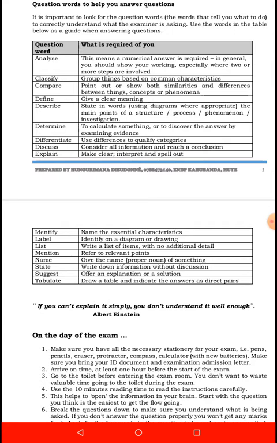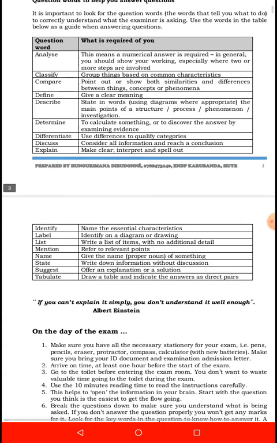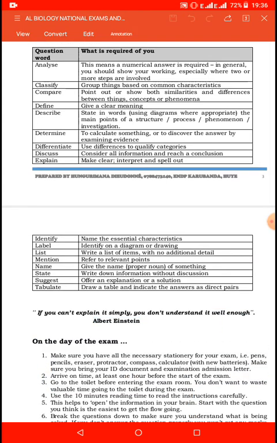So these are question words to help you answer questions. If you find that one of these question words starts a given question, make sure you know how you are going to respond to that question. If you can't explain it simply, you don't understand it well enough. This is Einstein's saying also.